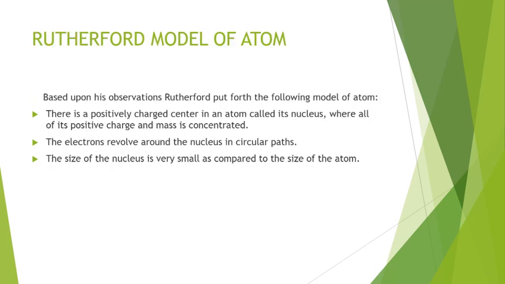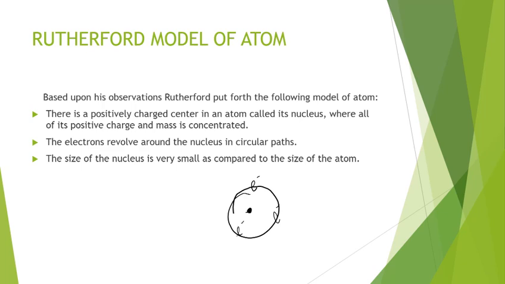Now, based upon his observations, the structure of atom that Rutherford proposed was that there is a positively charged center in an atom called its nucleus, where all the positive charge and mass is concentrated. Next, electrons revolve around the nucleus in a circular path.